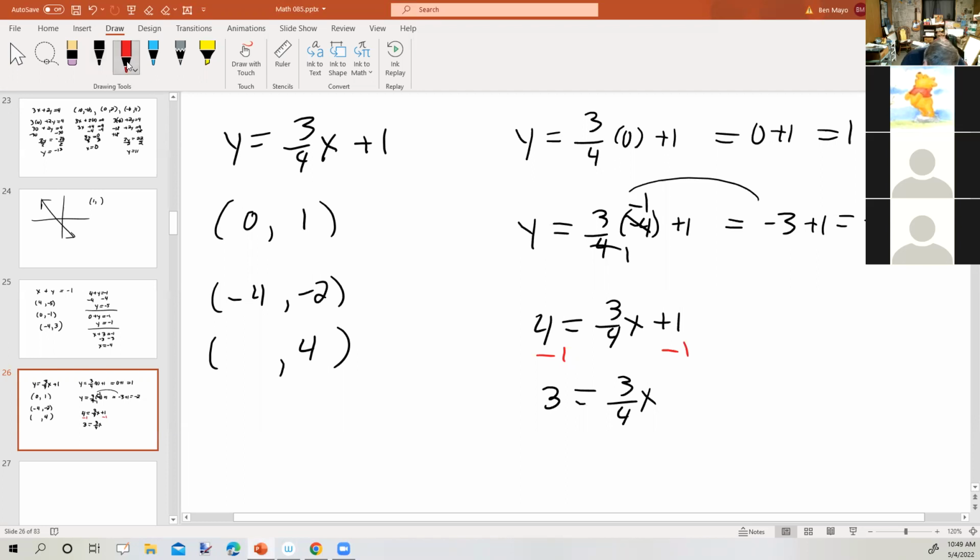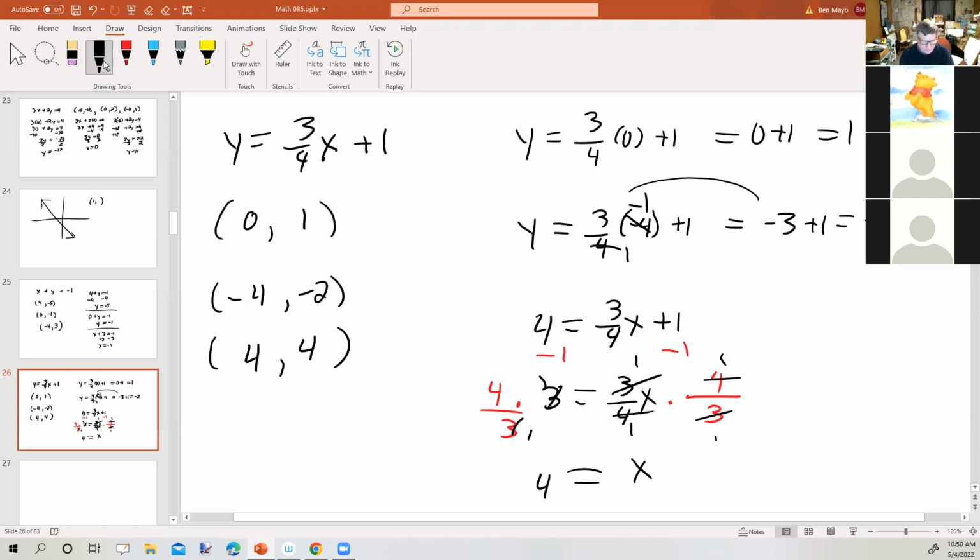So we're going to multiply both sides by the reciprocal of the coefficient of x. On the right side, the 3's and the 4's reduce down to 1's. So I have 1 times x, or just x. On the left side, the 3's reduce down to 1's, and I get x equals 4. Are you okay with this so far?